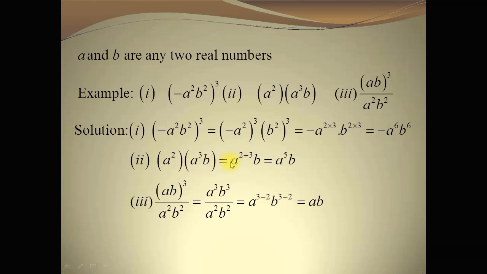So we get a power 2 plus 3 into b, so a power 5 into b.